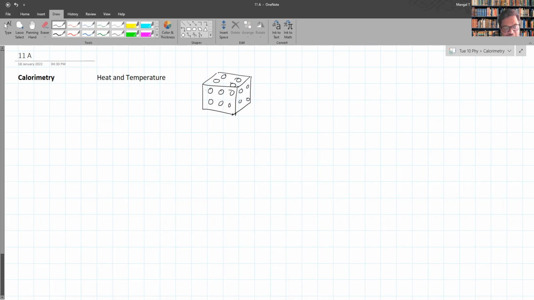The vibration is called kinetic energy, vibrational kinetic energy. And the molecules are also bound together with a force, which is the potential energy. When you add all this energy together for all the molecules of a substance, that will be the heat content of the body. So heat is the total of the molecular kinetic energy and the potential energy.